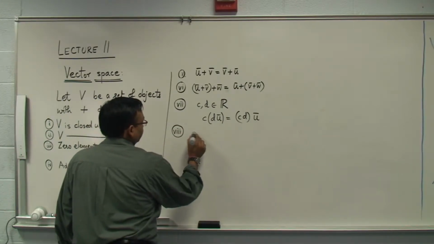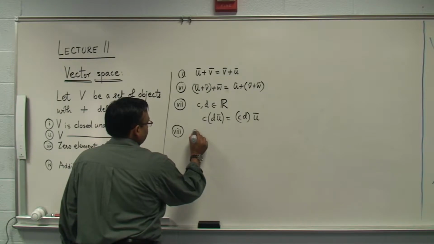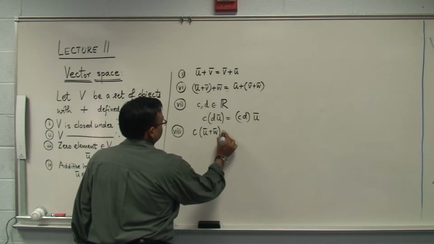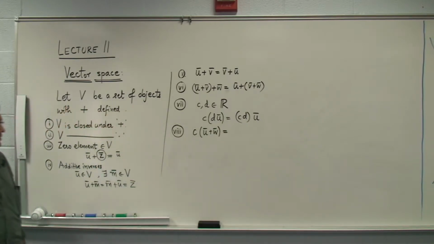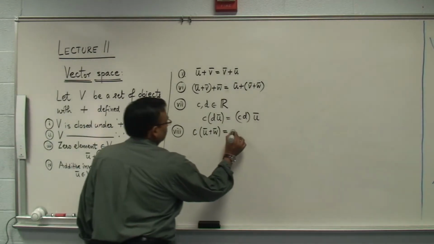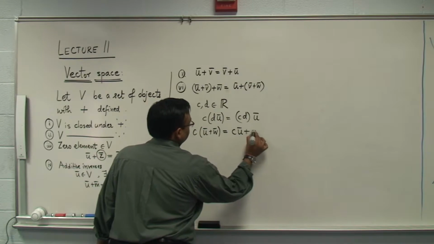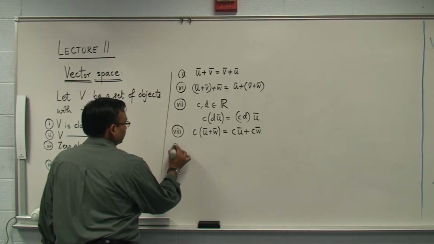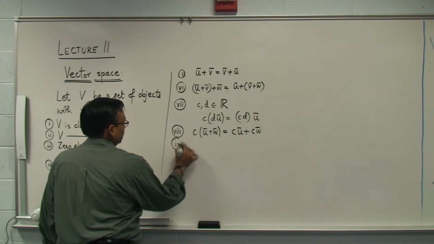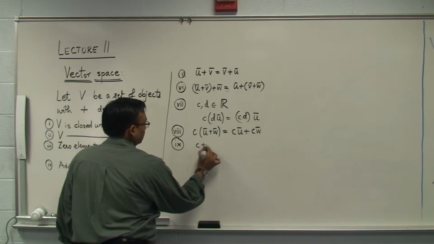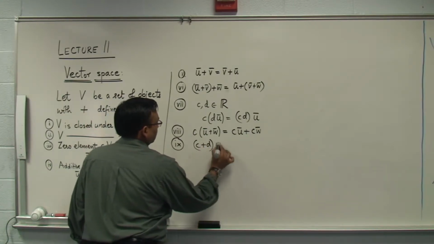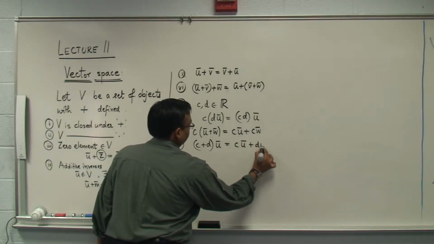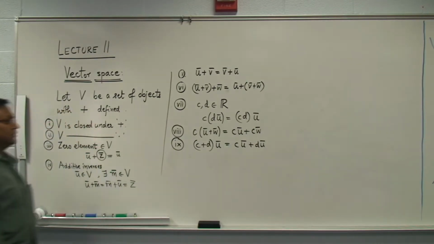Now let me go with the interaction of a scalar with vector addition. So how does the multiplication by a scalar deal with this vector addition? These are some of the natural properties that we see in other scenarios, and we're just saying that this is exactly how things will work out for us.